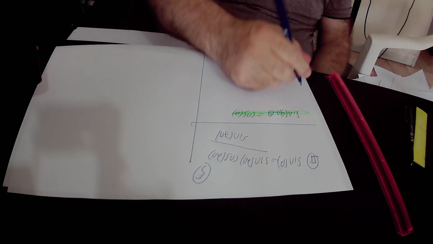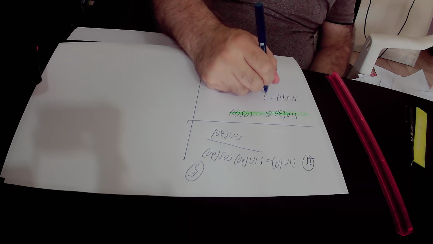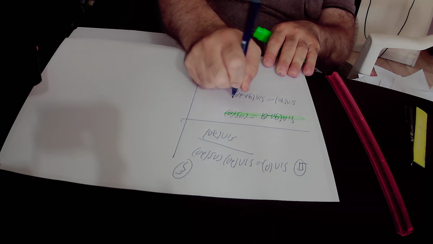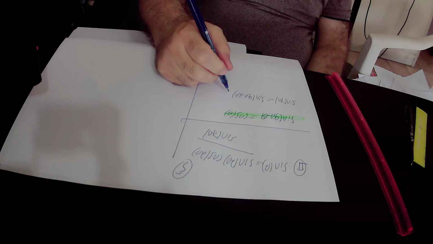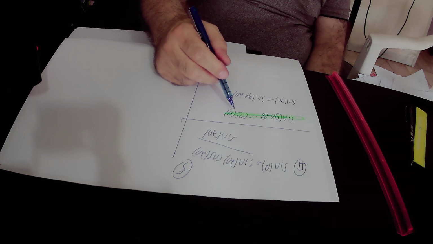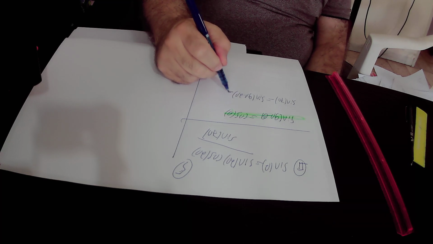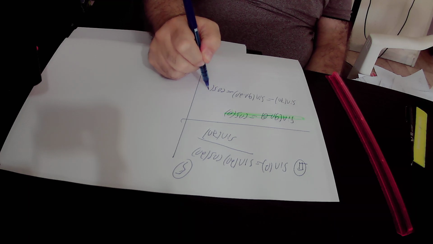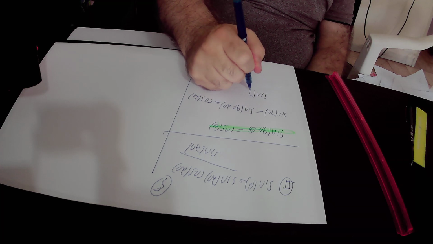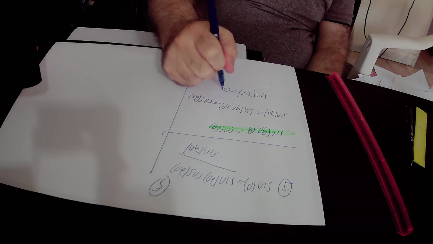Sin 70 degrees is equal to sin of (90 degrees minus 20 degrees), and according to the identity, this will be equal to cos 20 degrees. So in conclusion, we found out that sin 70 degrees is equal to cos 20 degrees.